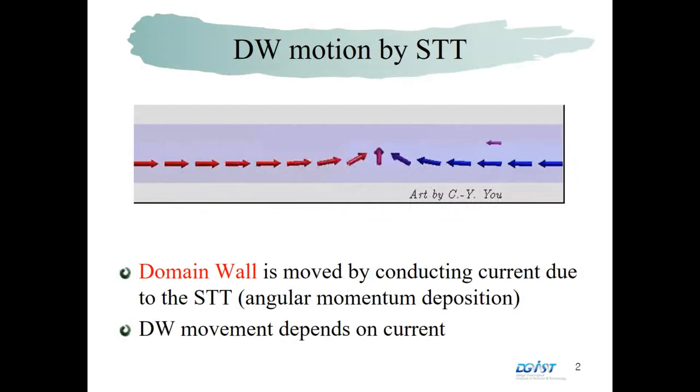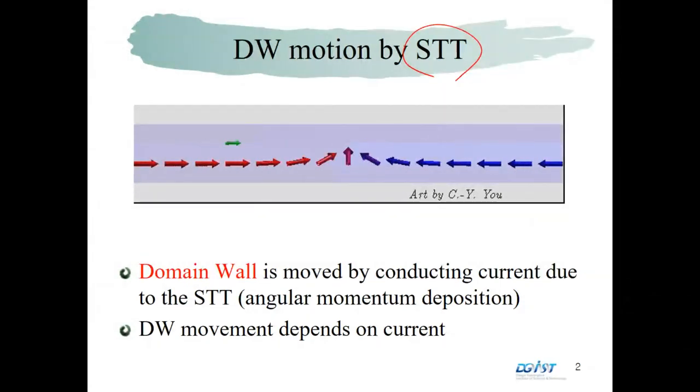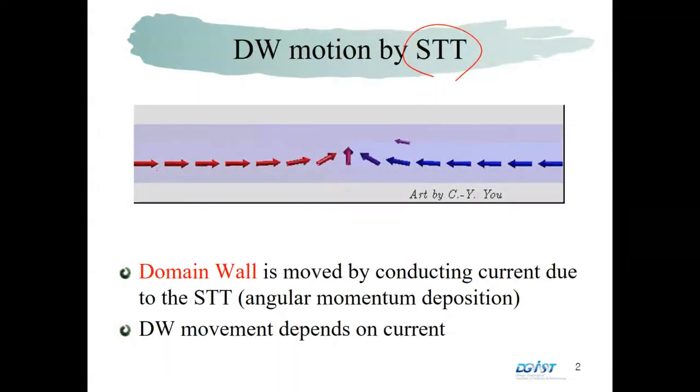So we already learned about the spin transfer torque, which is basically angular momentum conservation. In this animation, you can see on the left side, we have a moving electron parallel to the magnetization direction of one domain. On the other side, we have a conduction spin in this direction.